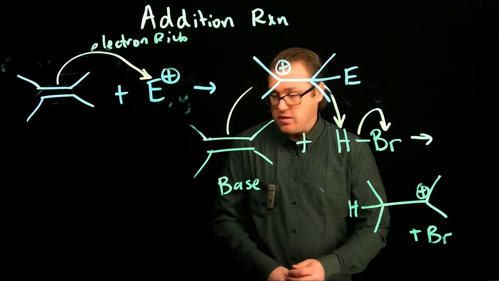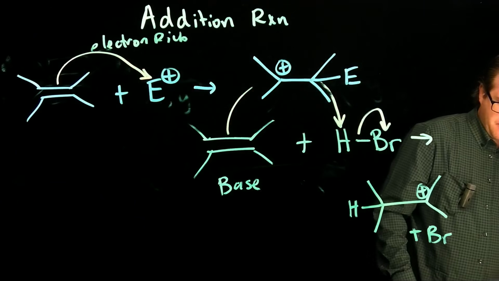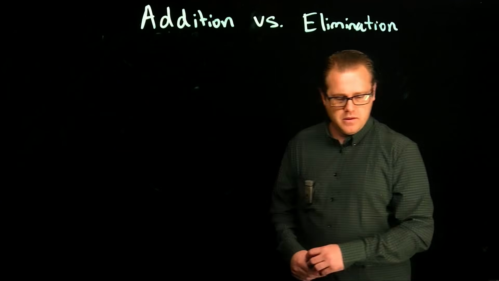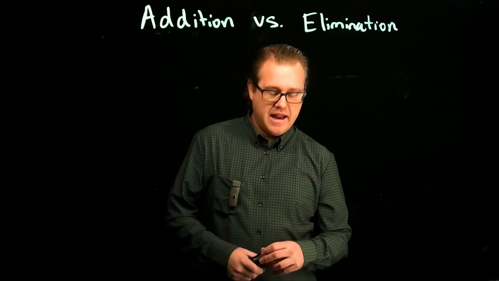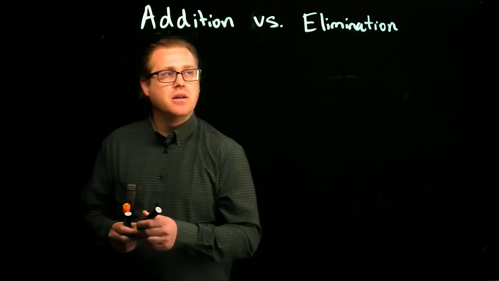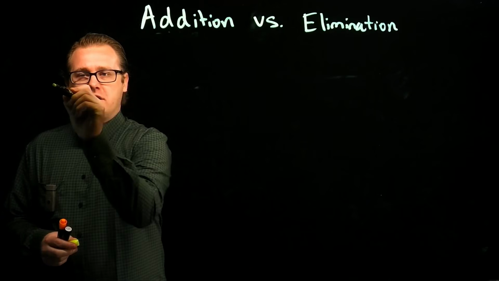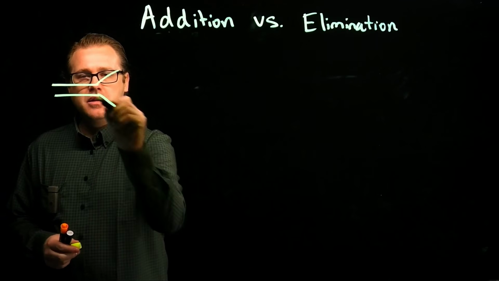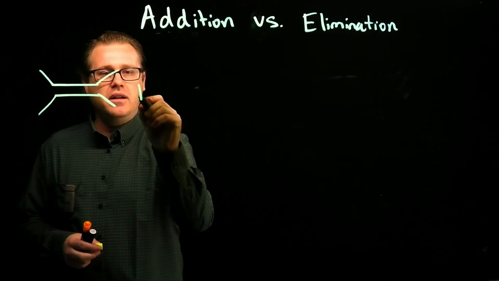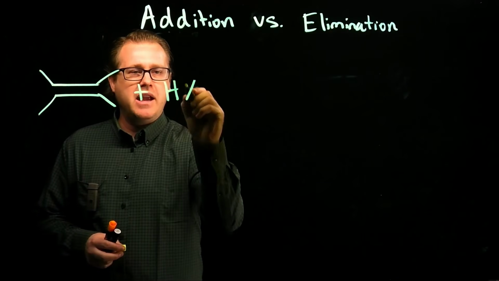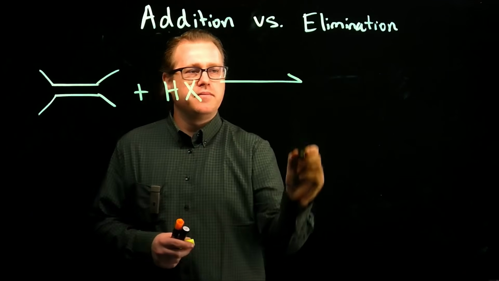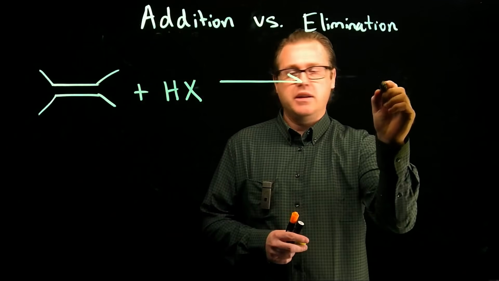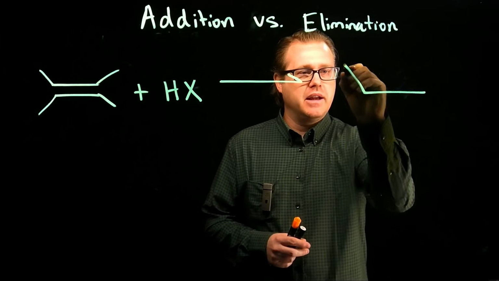So let's clean up this board. So let's talk about the differences between an addition and an elimination. In an addition reaction, we have just learned that if you take an alkene and treat it, let's say, with HX, we would get the addition product that would look something like this.